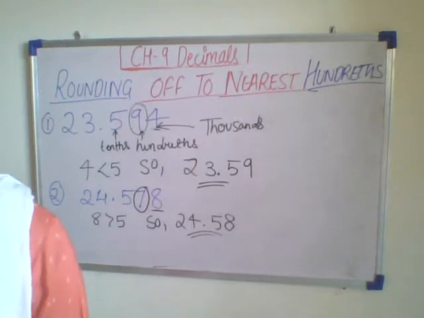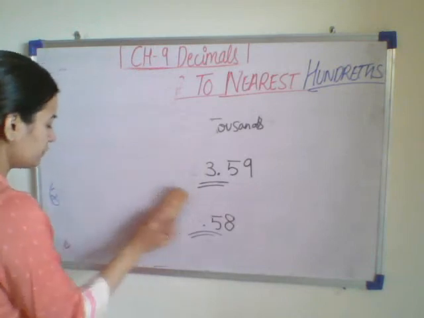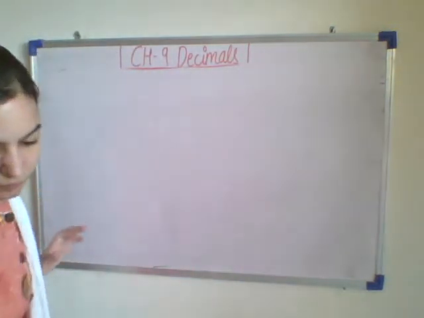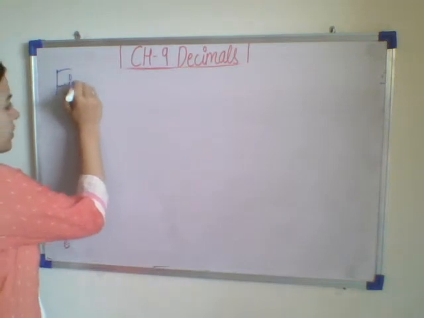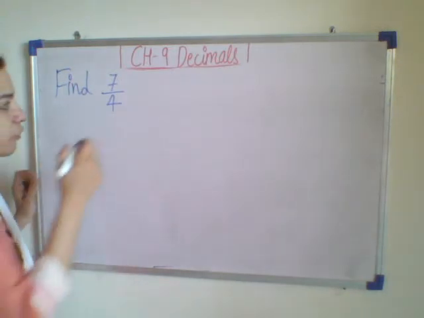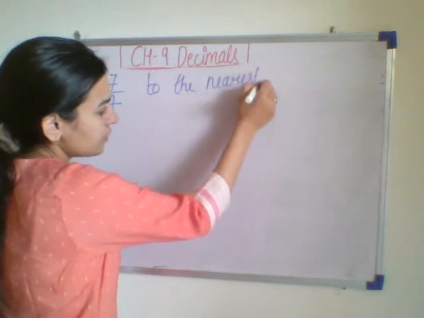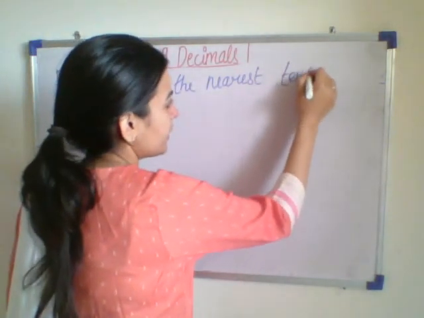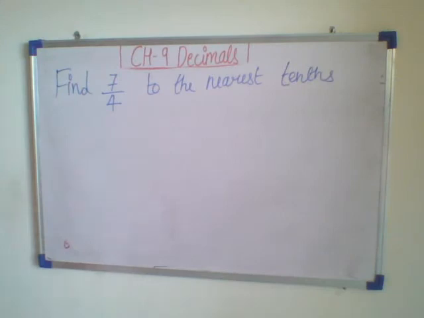Now let us do some more questions. Find 7/4 to the nearest tenth. 7/4, we have to find this number to the nearest 10th.